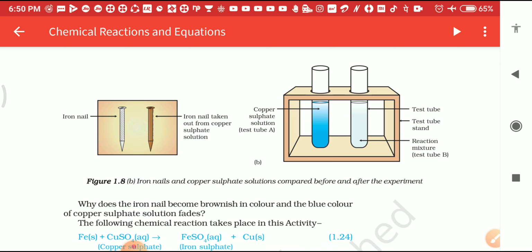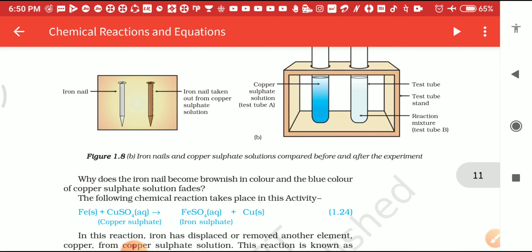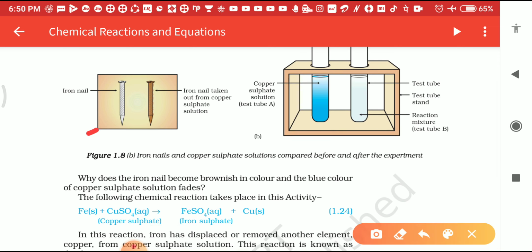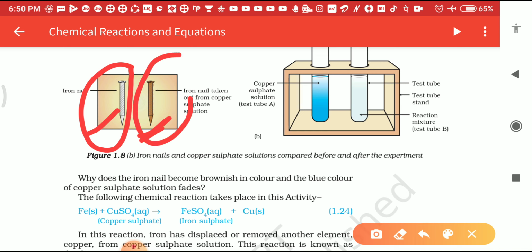See here, we take the 2 iron nails. This one is a pure iron nail, and this one we removed from the copper sulfate solution. We keep these 2 iron nails for comparison, to see why the color of this iron nail has changed compared to the first one.